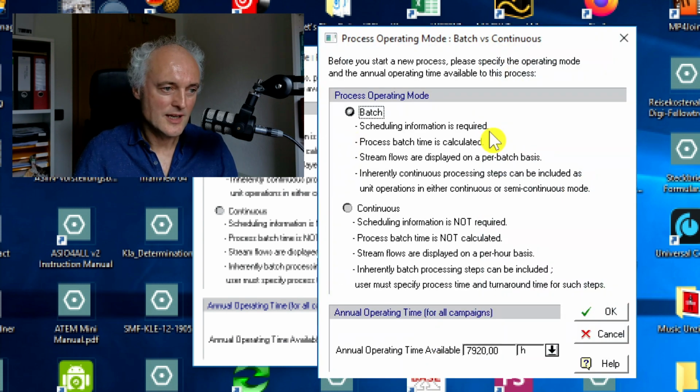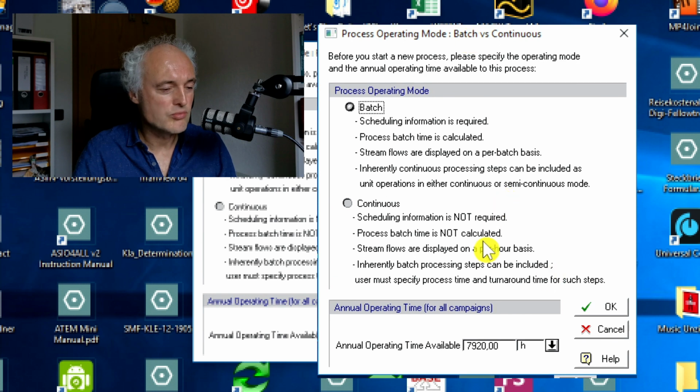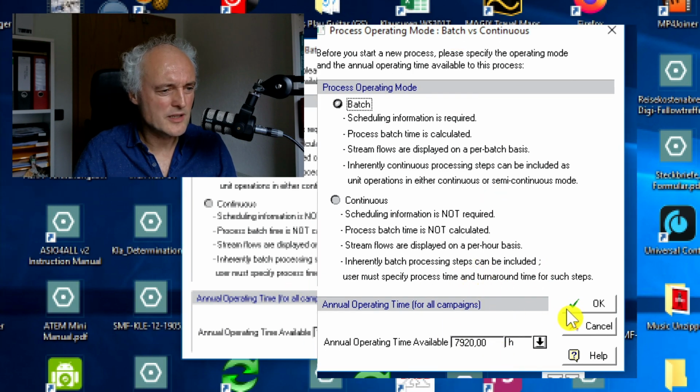Most process operation modes will be batch processes, but you can also go for continuous processes. For example, wastewater treatment plants and so on are really in a continuous mode. But in general, most processes will be batch operation processes. So I just say, okay, a batch process, we start.